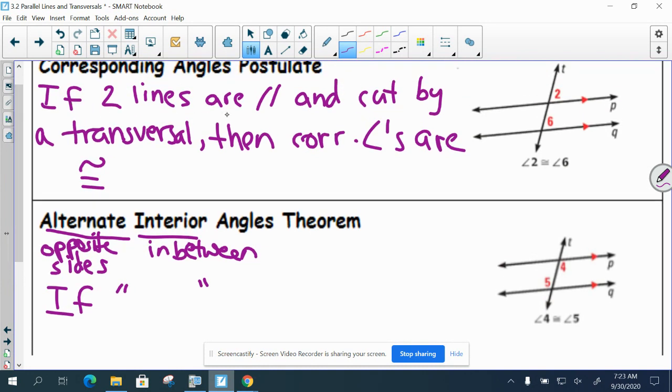So if two lines are parallel and cut by a transversal, then also alternate interior angles are congruent. And I like to abbreviate it as alternate interior angles are congruent.